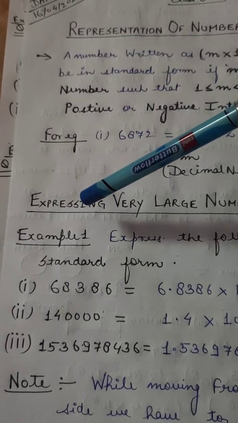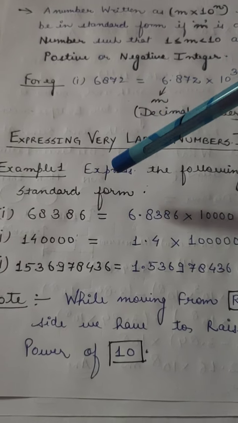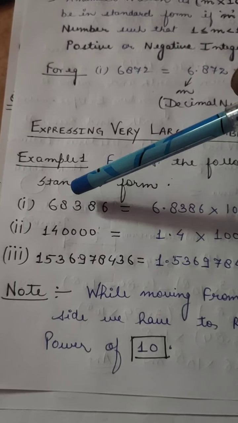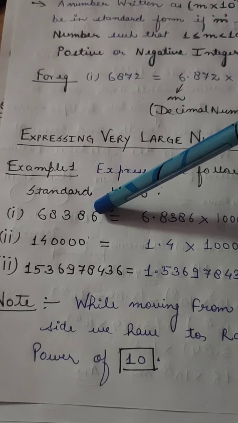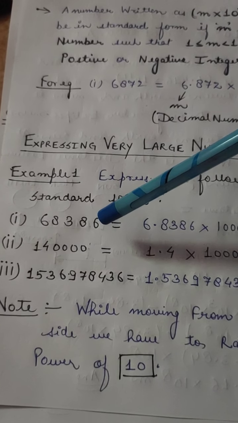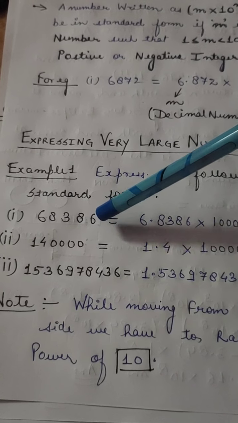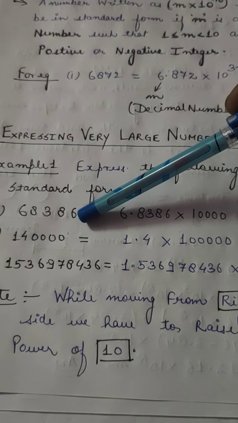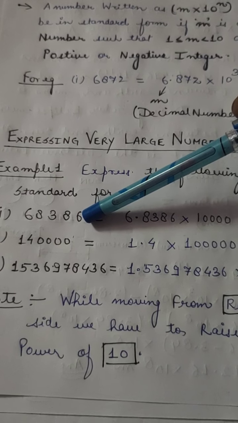Now let's see how large numbers are represented in standard form. Take the number 68386. While writing in standard form, the decimal is actually present after the last 6.